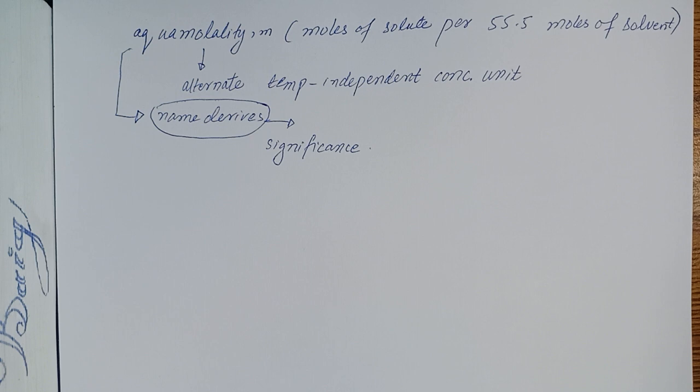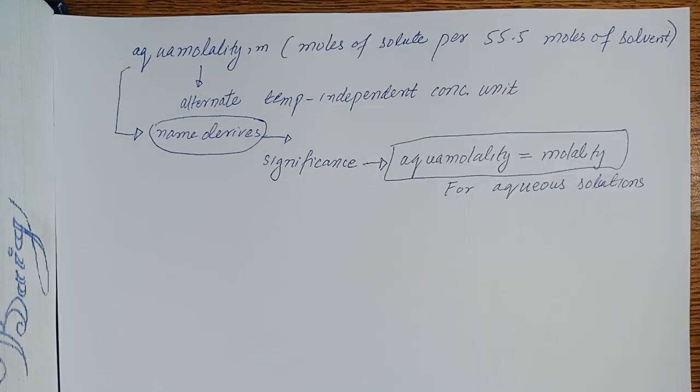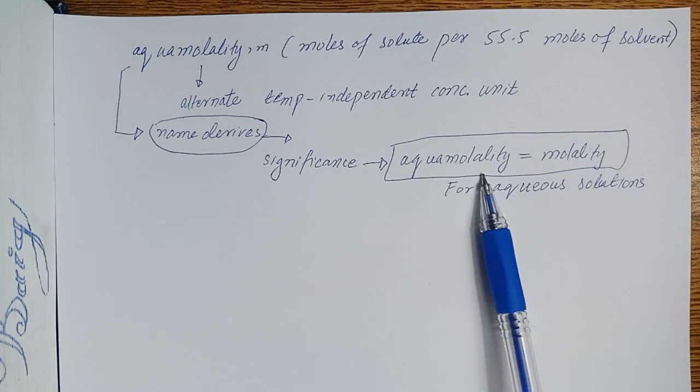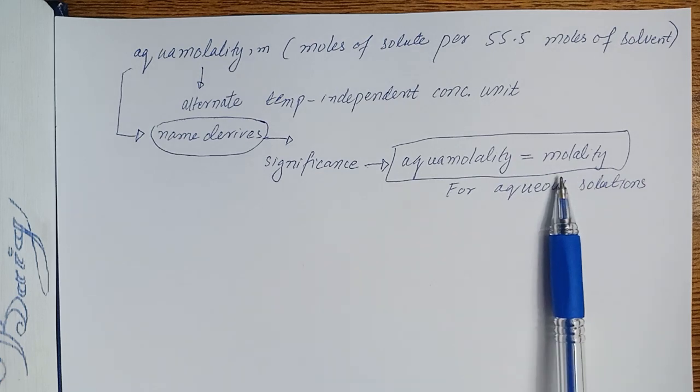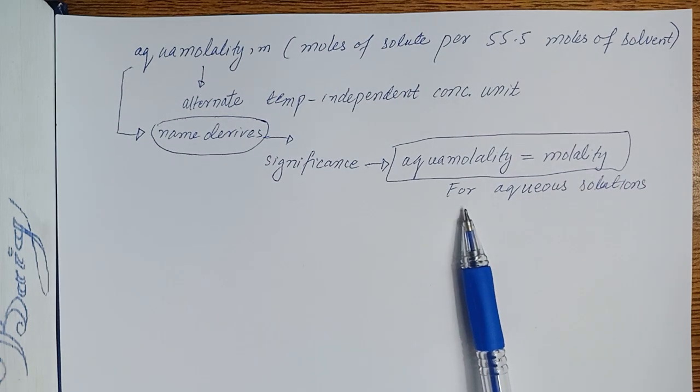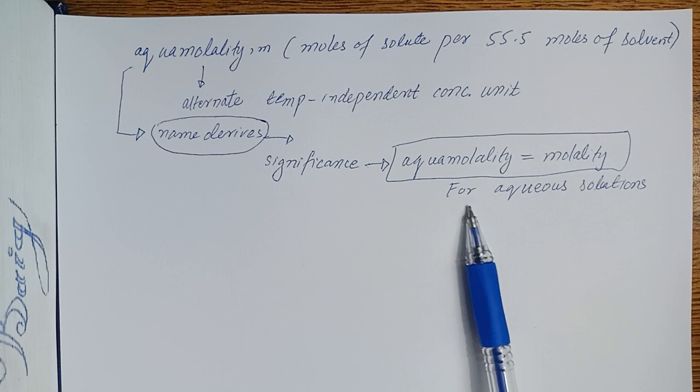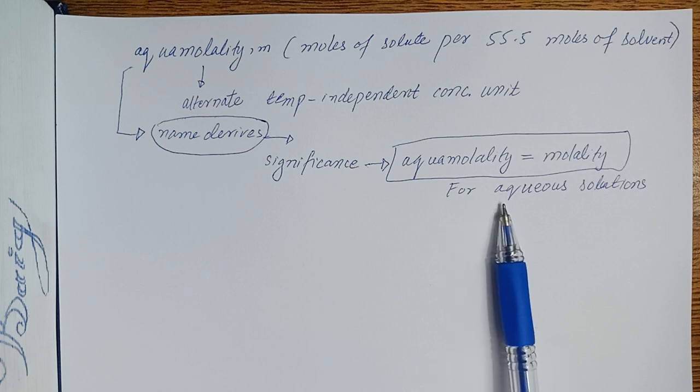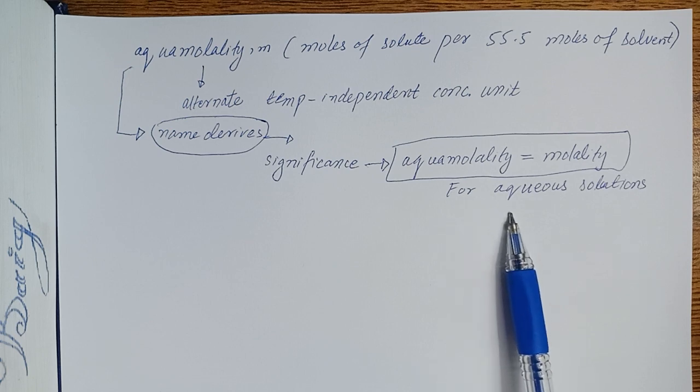The name of aquamolality describes its significance. So it has a significance from the fact that the aquamolality and molality have the same value for the solutions which are prepared in water, also known as aqueous solutions.